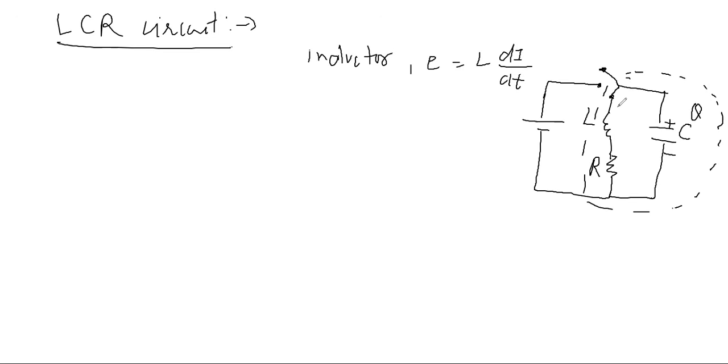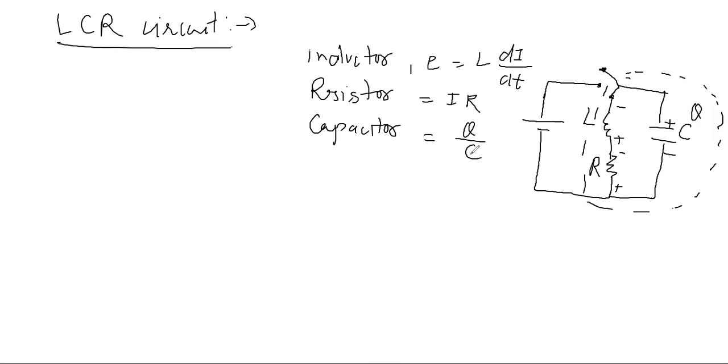So this will be your induced EMF across the inductor. Similarly, the potential drop across the resistor is going to be IR. And the potential difference across this capacitor is going to be Q over C.